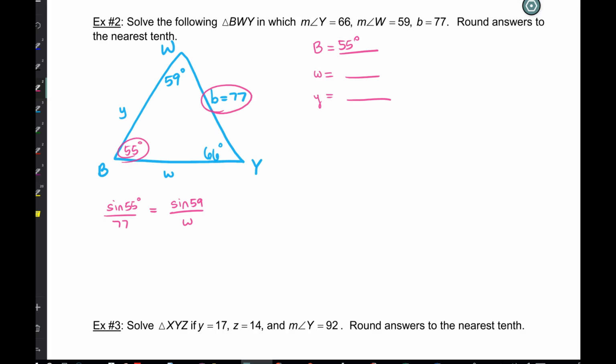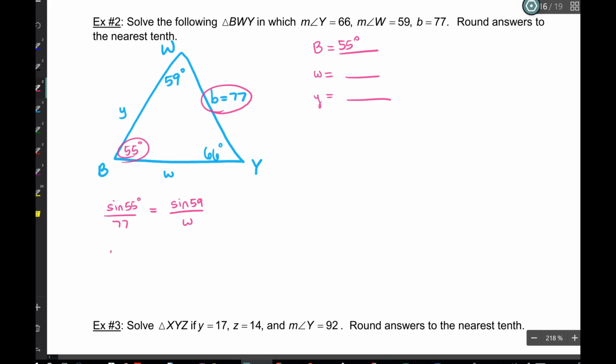Why not? Because it's not a right triangle. Exactly. So that's why we always have to go back to the law of sines a second time. So what do we get for W? W is going to be 77 times the sine of 59 over sine of 55.